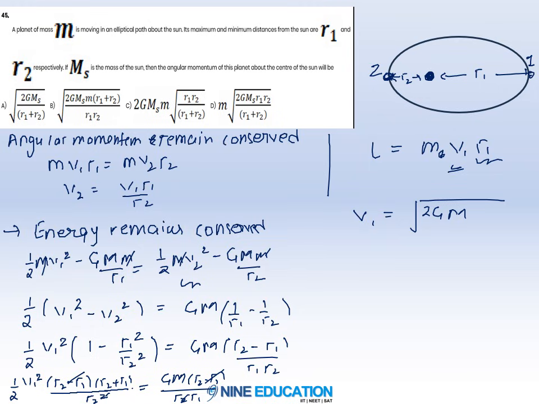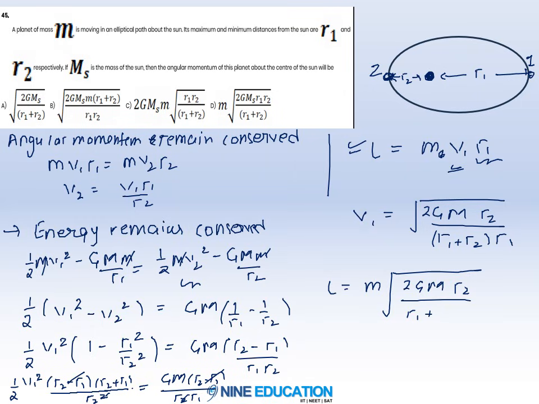And r2 upon r1 plus r2 into r1, right? So what is angular momentum? By using this equation, L is m v1, put the value of v1, GM r2 upon r1 plus r2 into r1.